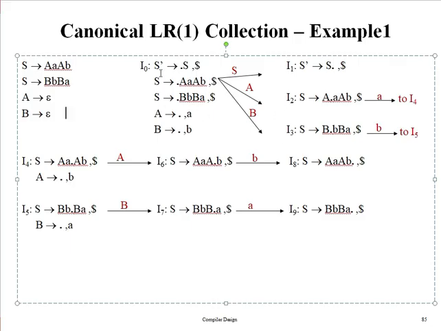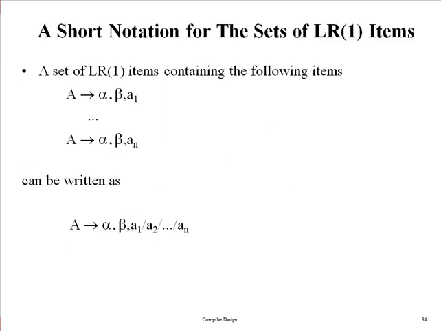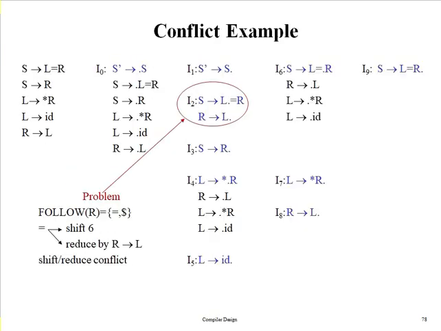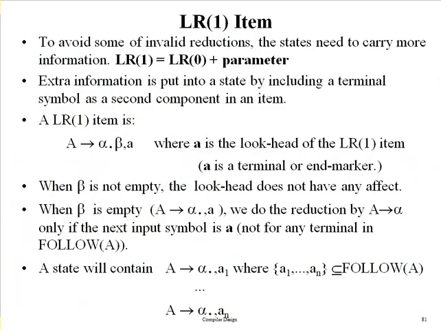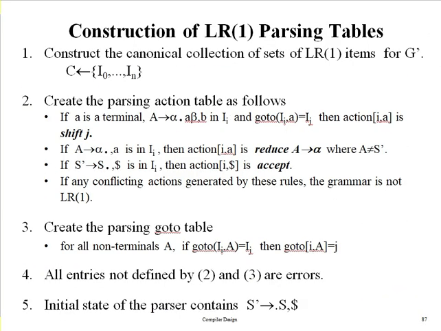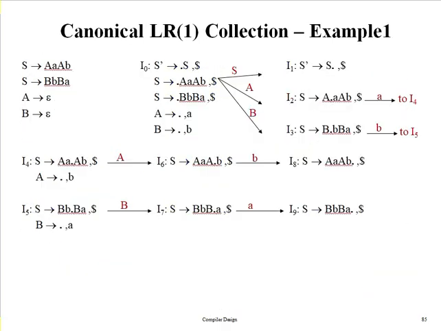This is the previous grammar that we considered when checking whether it is SLR or not. So here, let's check whether this grammar is an SLR grammar or not, a CLR grammar or not.